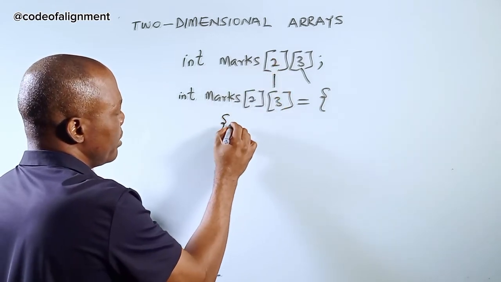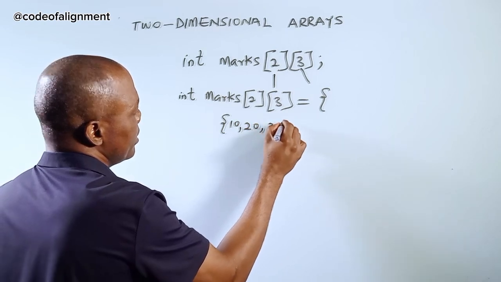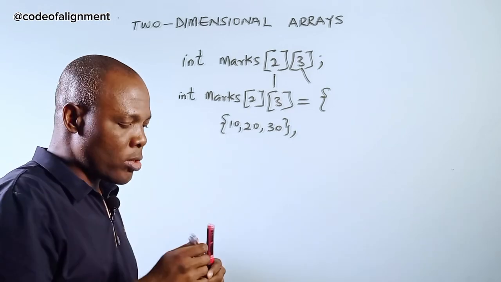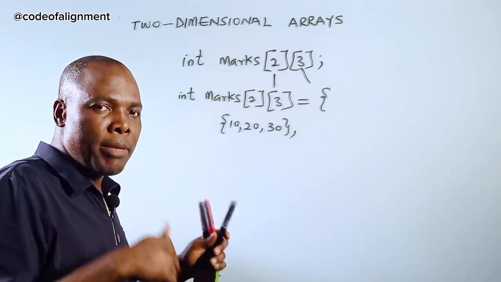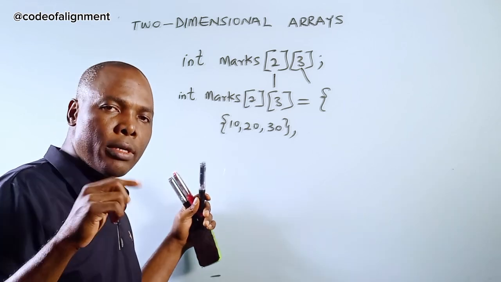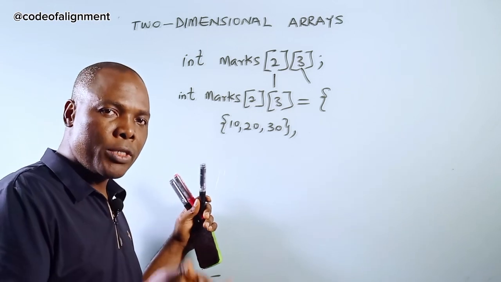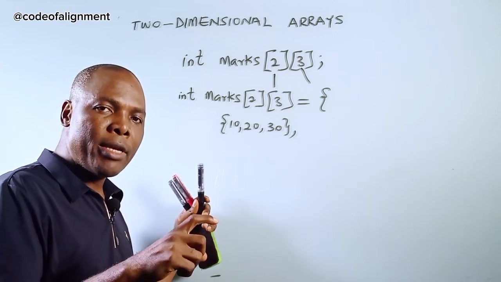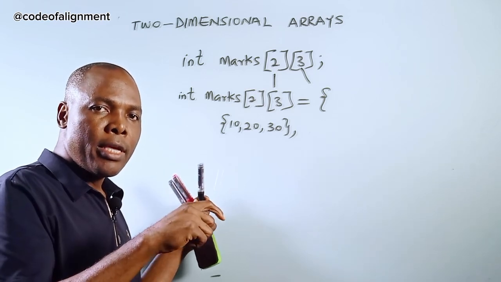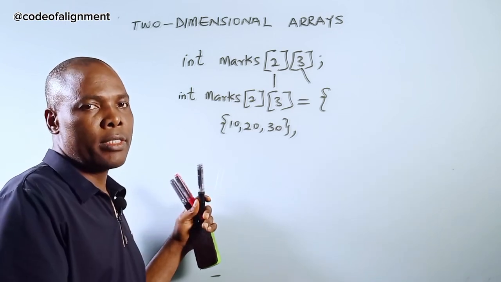So we are going to have something like this, 10, 20, 30, comma, because I told you that the elements of a two-dimensional array are themselves one-dimensional arrays. Do you understand? So in multidimensional arrays, it means that for a 3D array, which is a three-dimensional array, the element of a 3D array is an array in which the elements are two-dimensional arrays.